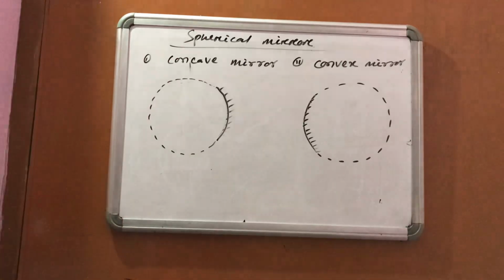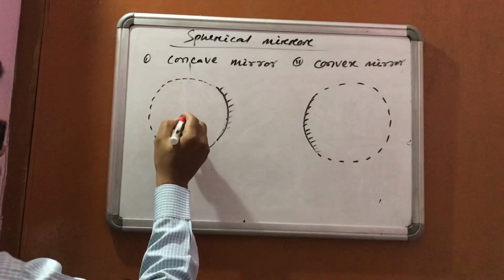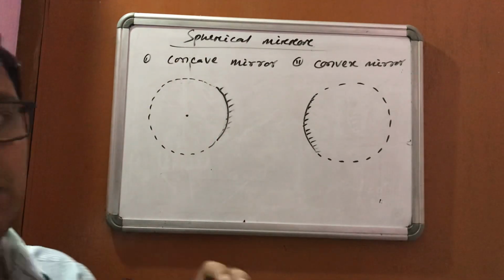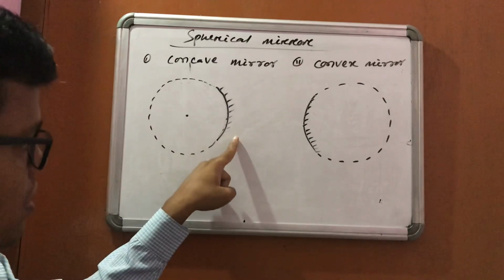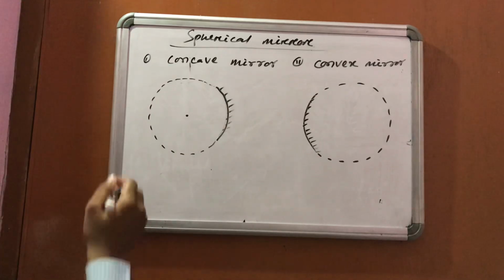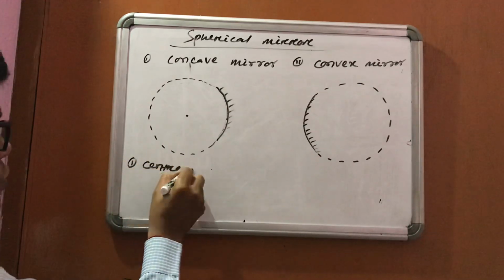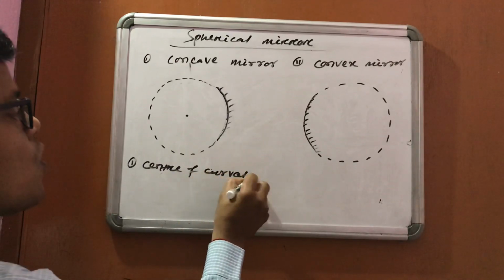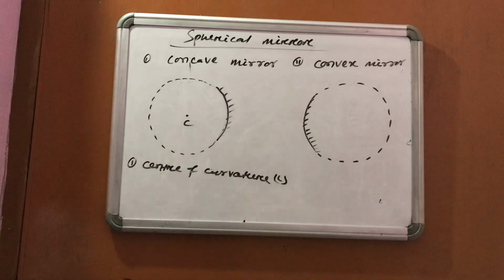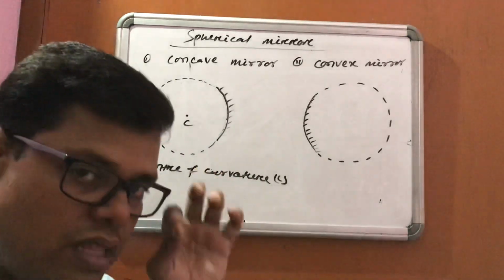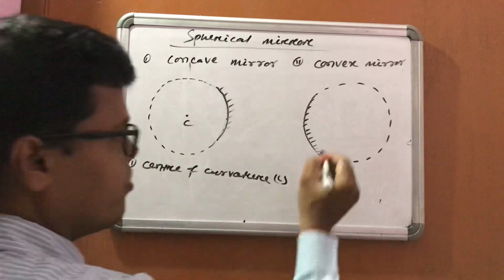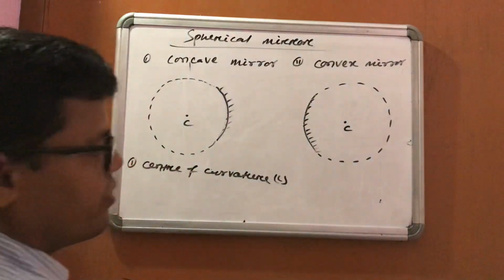Now, the center of the sphere is known as the center of curvature of the mirror. The center of curvature of a spherical mirror is the center of the sphere of which the mirror is a part. Similarly, in this case, this is the center of curvature.